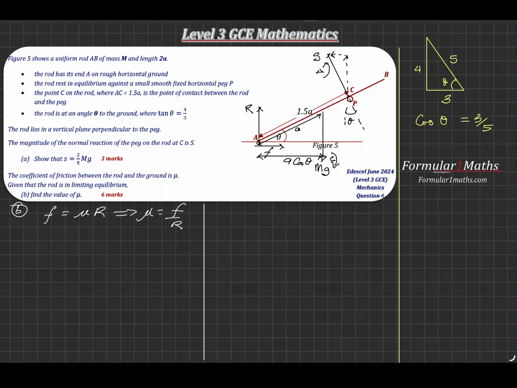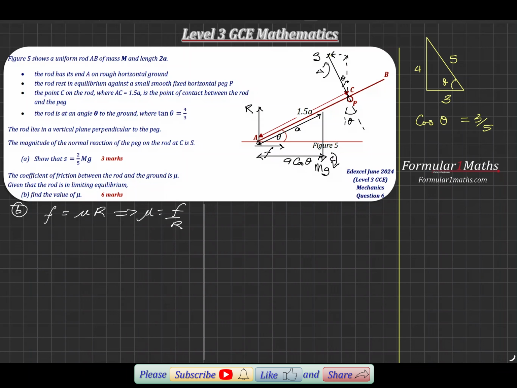That means this is also theta, which means that this force is S times cos theta. And then this force here is S times sine theta. So if I write that over there, S times sine theta.